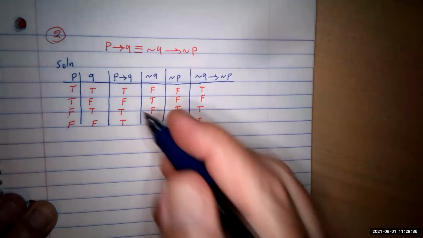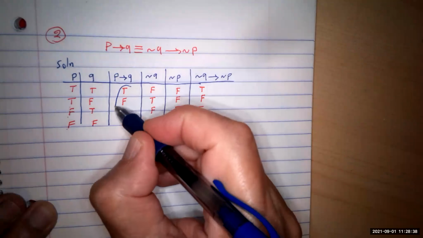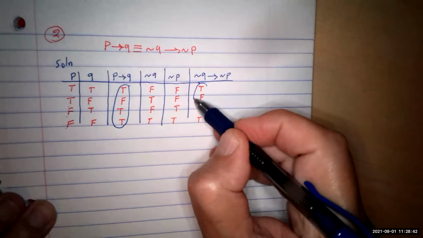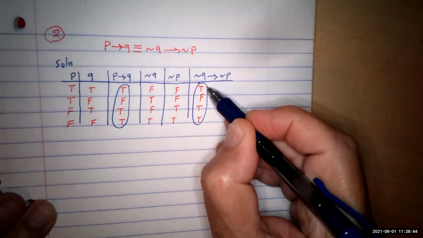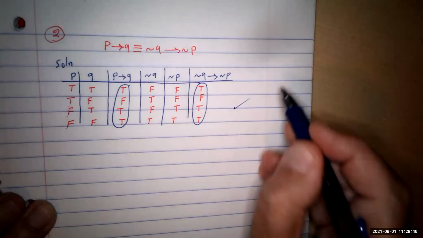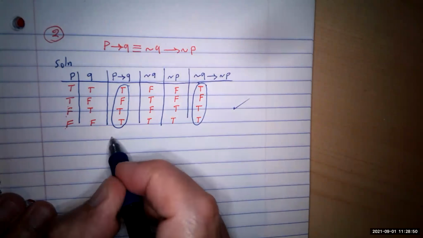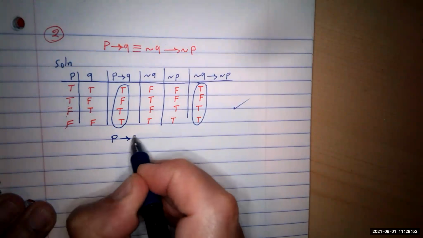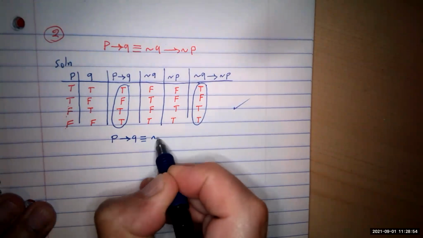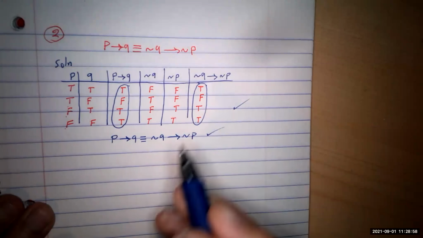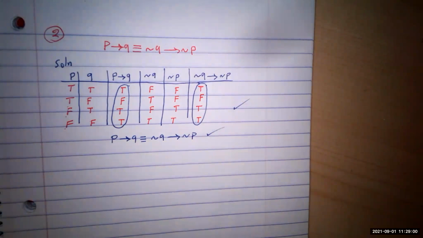So as you can see, the truth values of this statement and the other one, both of them are the same. So this means, yes, they are logically equivalent. So if P then Q is the same as not Q implies not P. And then we're done. We call it the contrapositive property, later on.